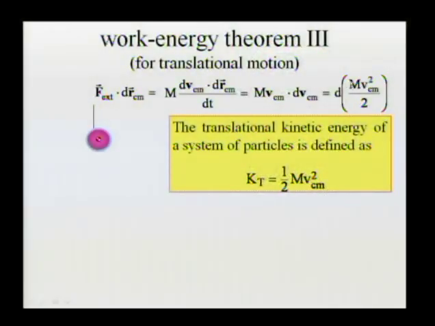What are the units of the product of mass of an object, square of speed of the center of mass divided by 2? What will be the unit of this expression? Joules, correct. Joules. Because kinetic energy is also measured in joules. This expression is similar to the definition of kinetic energy.